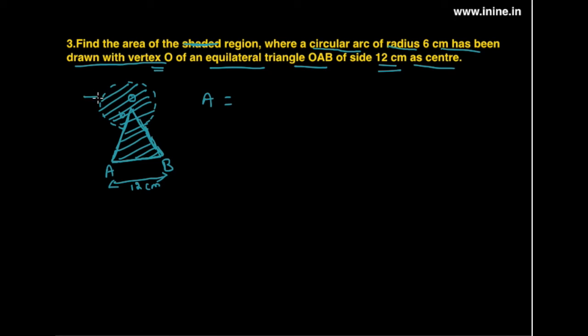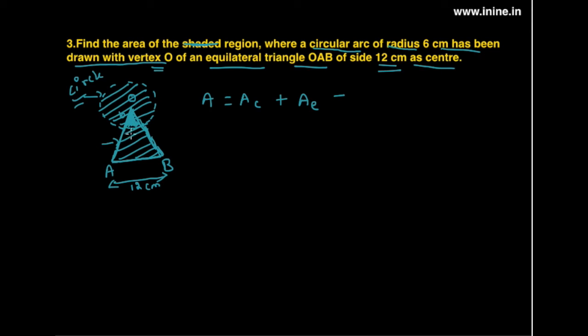area of this circle. So I am assuming this to be a complete circle. So area of circle plus area of this equilateral triangle minus area of this particular sector.